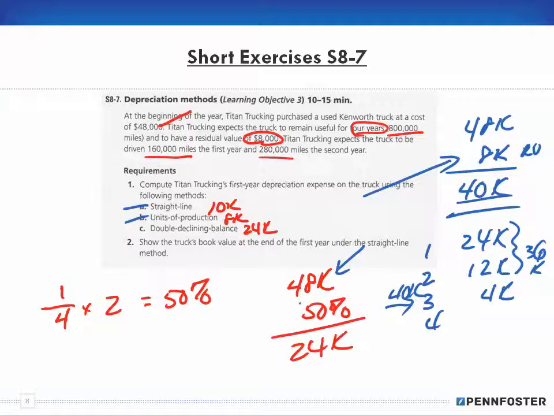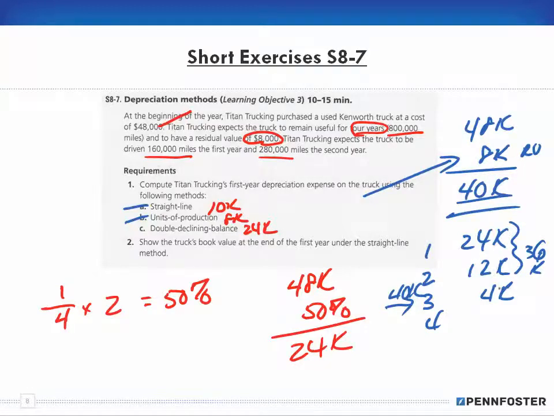That's why we don't take the 8,000 out originally, because it's an accelerated process of depreciating an asset, and therefore we use the full value when figuring out the percentage we're going to depreciate by. And we keep doing that until we actually hit our full cost.